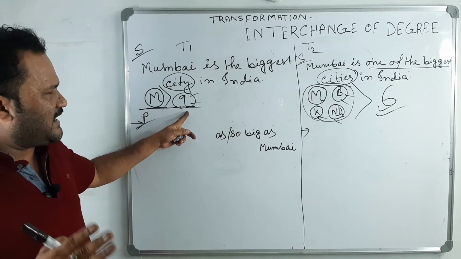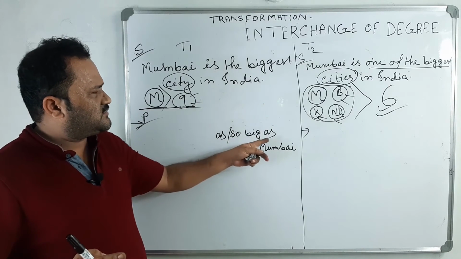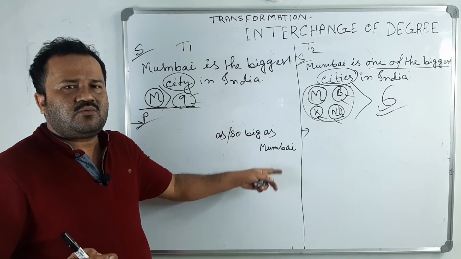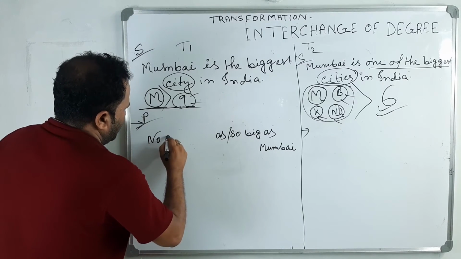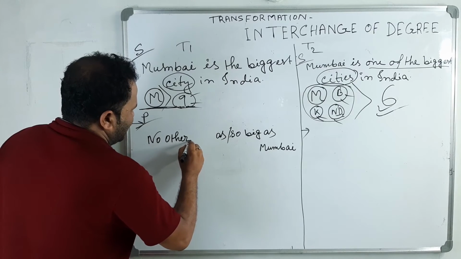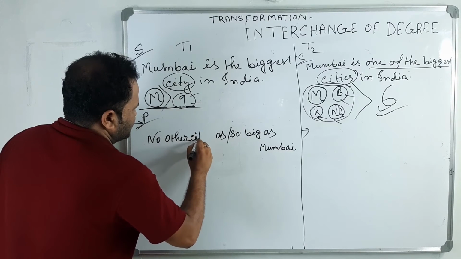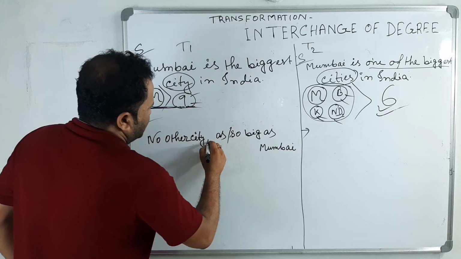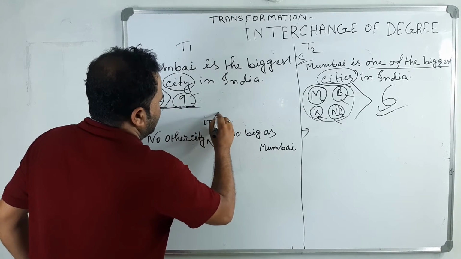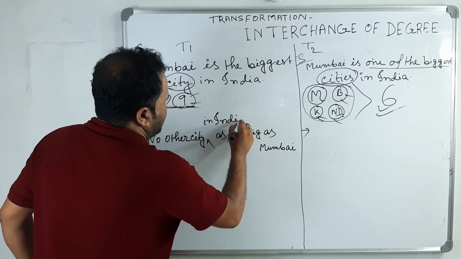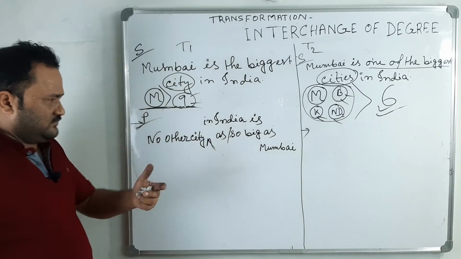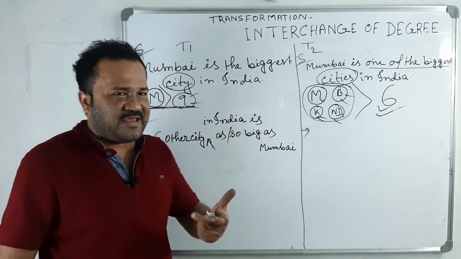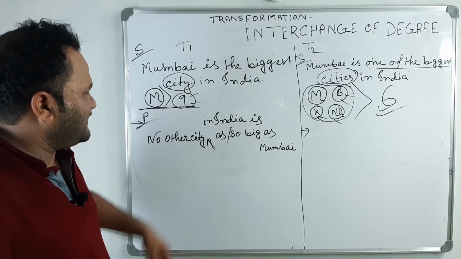Not a single city is so big as Mumbai. So we have to write no other city in India is, so it's shortage of space, so that's why I have to write like this.